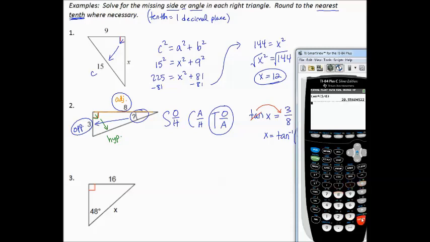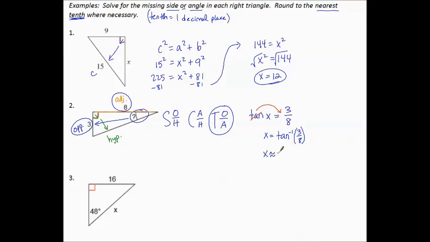If I'm rounding to the nearest tenth, here's the tenths place, 5 makes this go up, so 20.6. So x is approximately 20.6 degrees. Remember, when it's an angle, you have to write degrees.